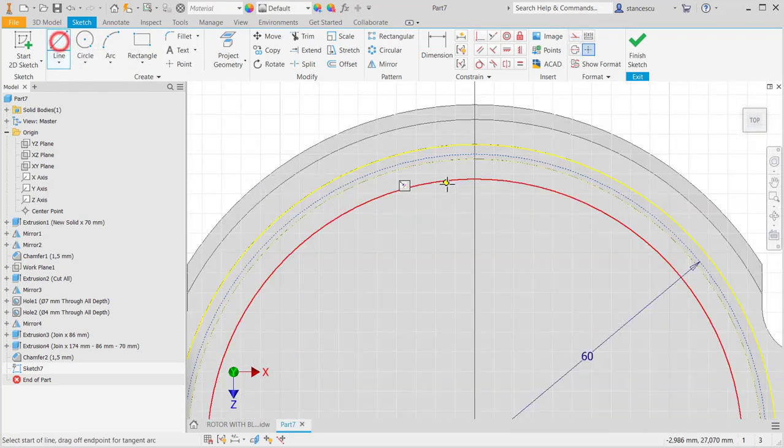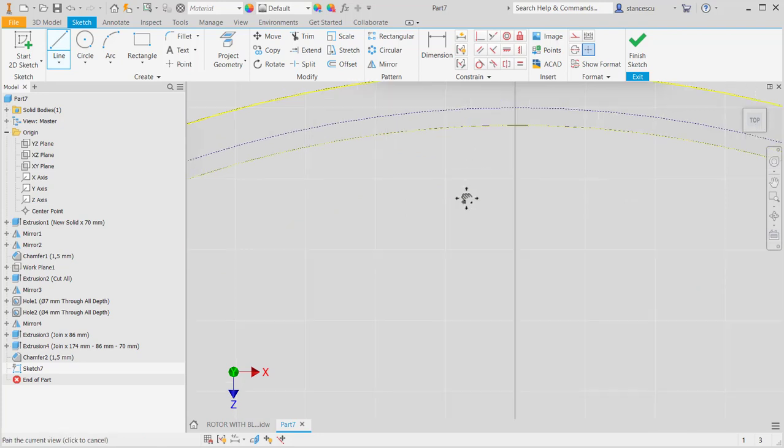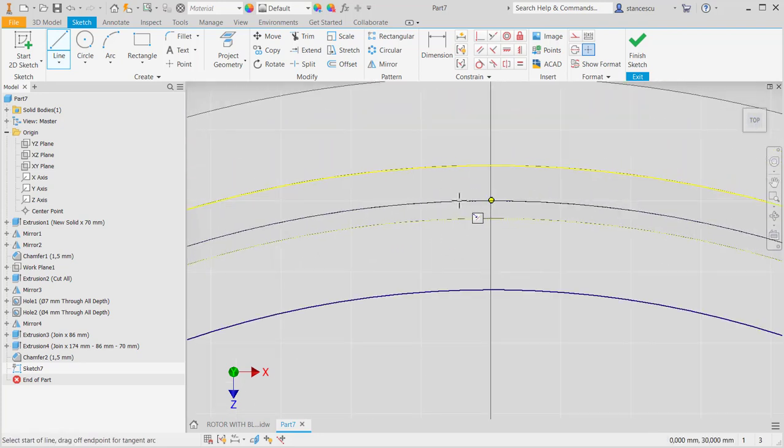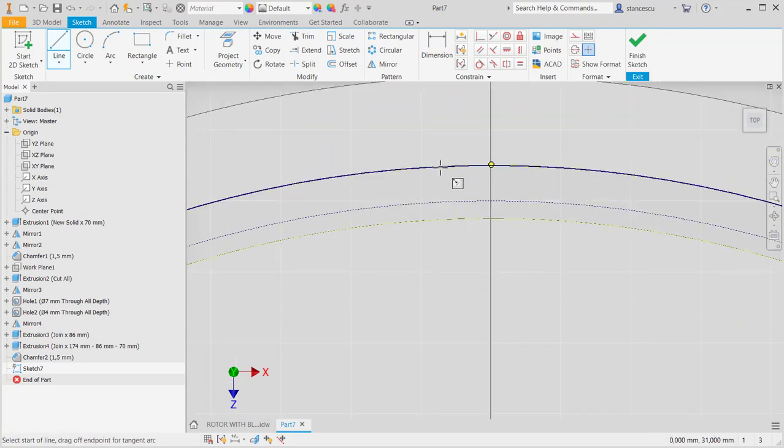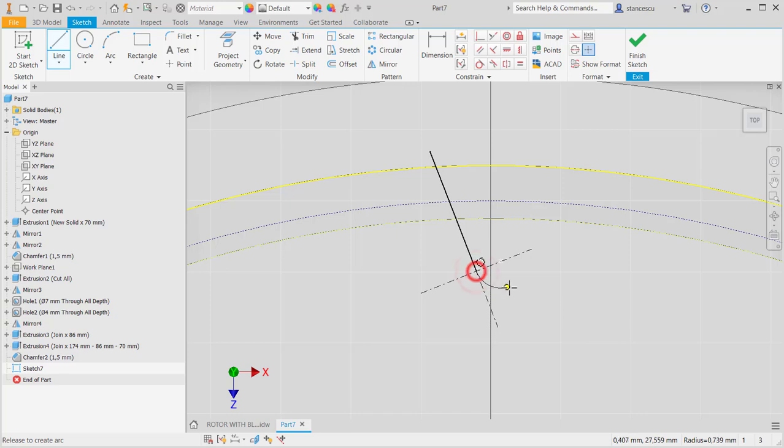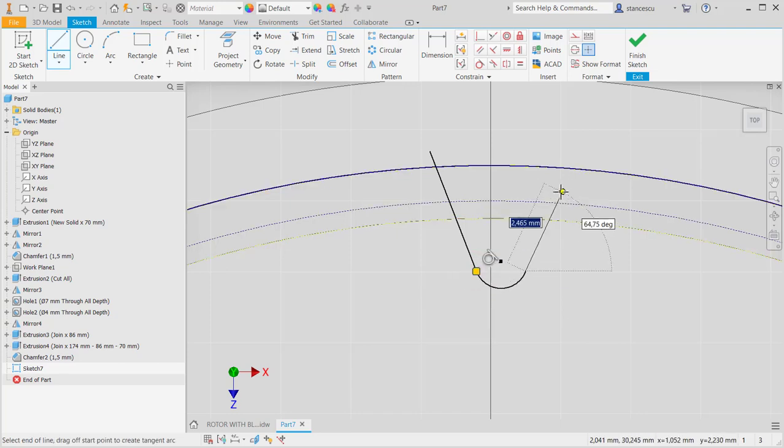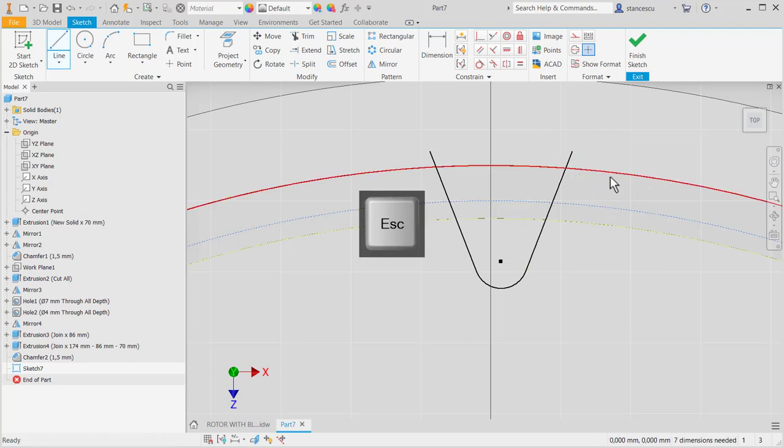Let me draw two lines connected with a radius. Radius and tangent. Wait for tangency. Okay.